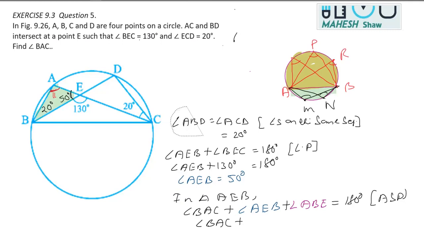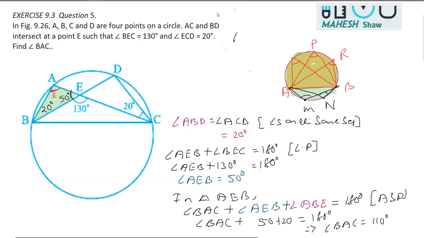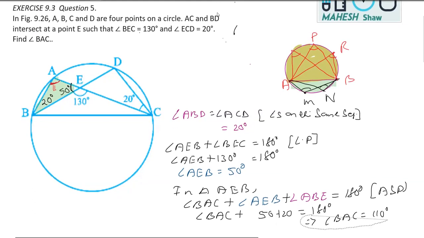Whether I say ABE or ABD, it's all the same. So I can place these values: 50 degrees and the other as 20 degrees, equal to 180 degrees. So finally, we can say that angle BAC, which is the required angle, will be 180 minus 70, that is 110 degrees. So that should be the final working of this question, and we get 110 degrees.